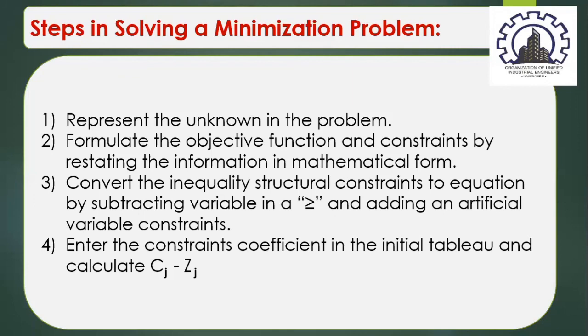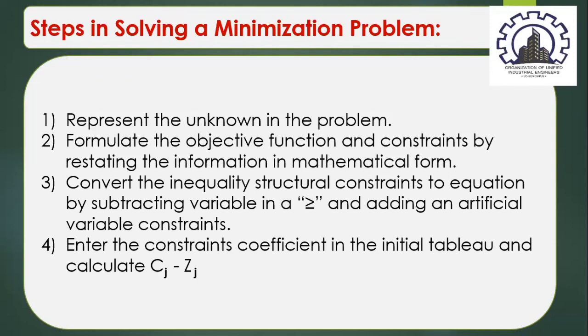Depending on your preference. And after representing the unknowns in our problem, the second step is to formulate our objective function. And remember, there are only two objectives of the company. It's either to maximize the profit of the company or minimize the cost.